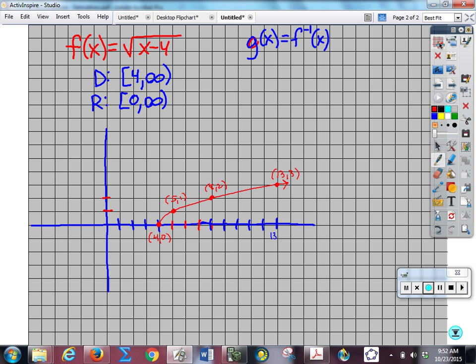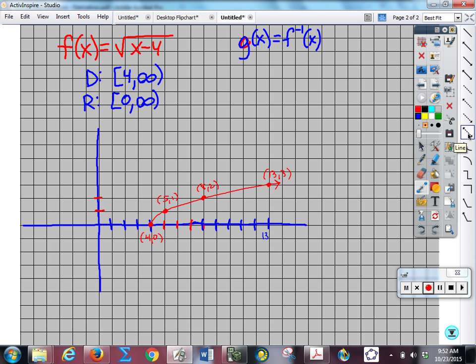Okay, it is reflected over y equals x, yes, because you switch the y's and the x's, so it ends up reflecting over that. So you have this line of reflection right here. And then, can you guys graph it from here? Like, what would be the points that would go with it? Okay, 0, 4.